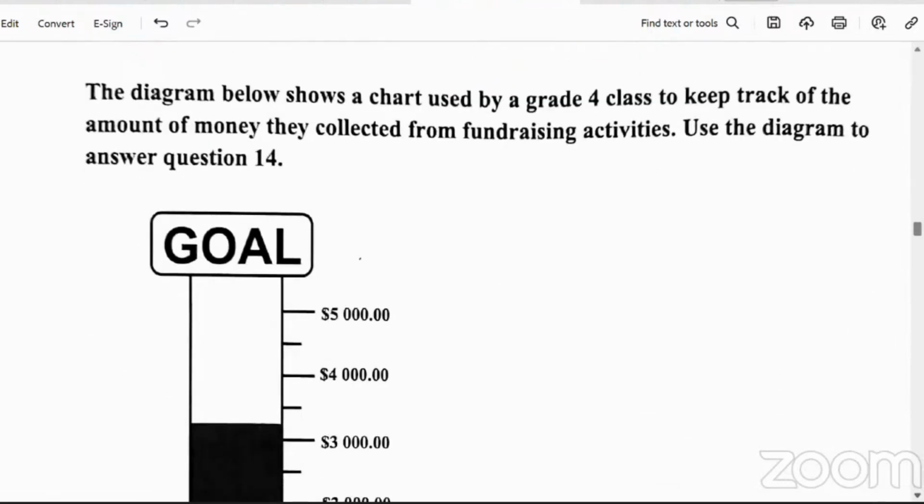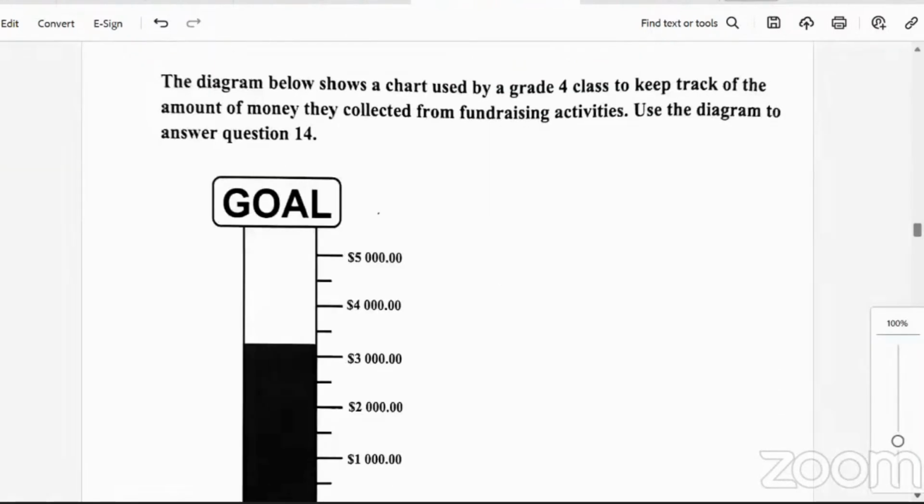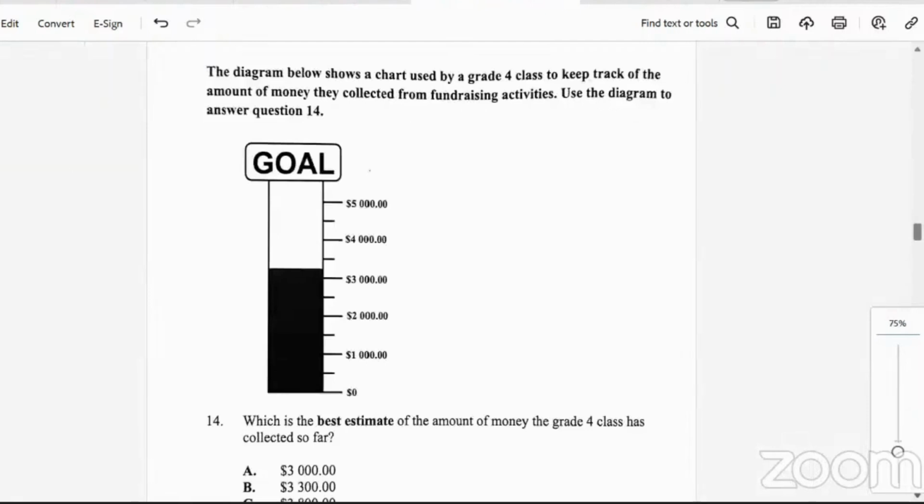All right, let's make this smaller. All right, so it says the diagram below shows a chart used by a grade 4 class to keep track of the amount of money they collected from fundraising activities. Use the diagram to answer question 14.